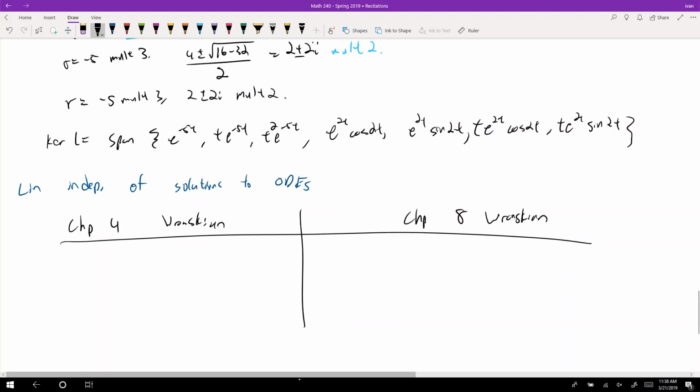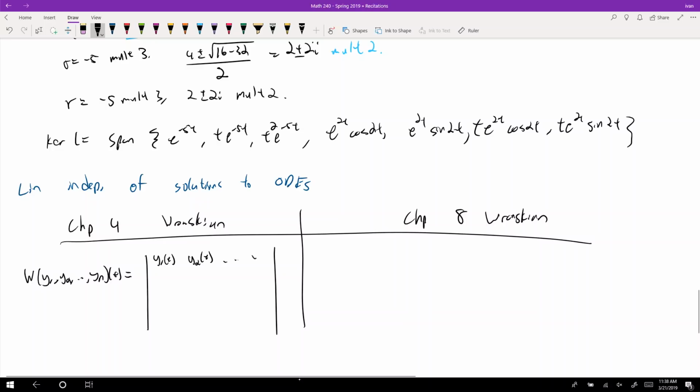So how do you calculate the Wronskian? If you remember, W of y1 through yn at some point t is equal to the determinant of the matrix with y1 of t, y2 of t, yn of t in the first row.